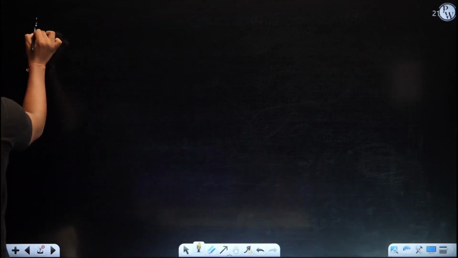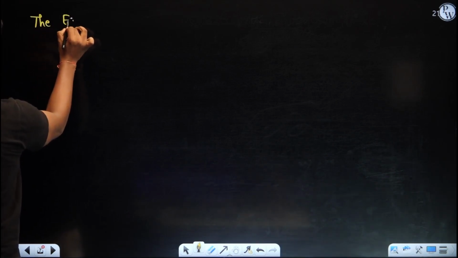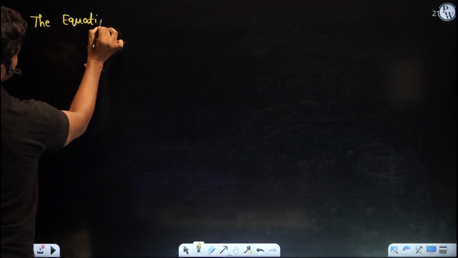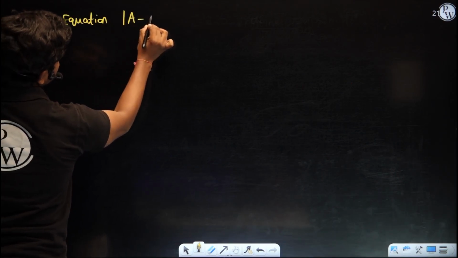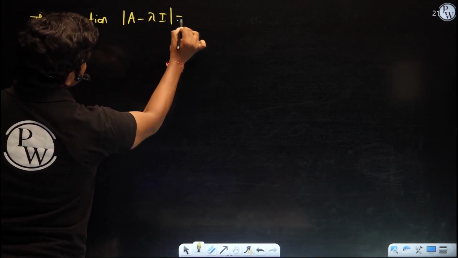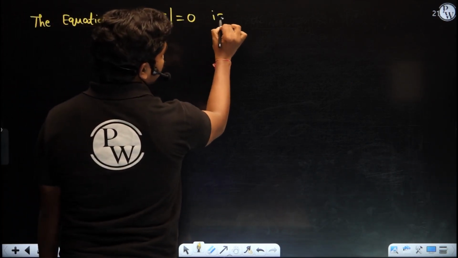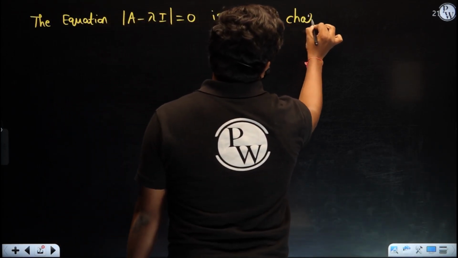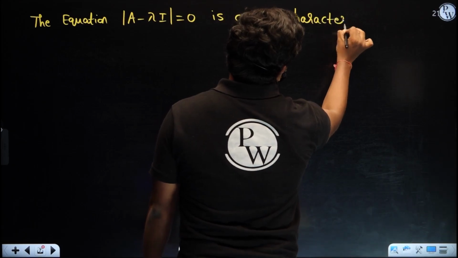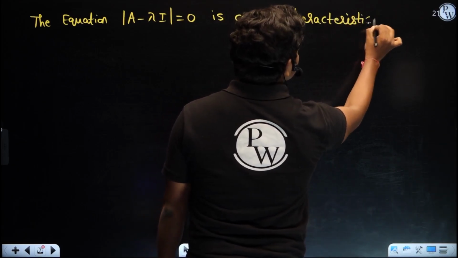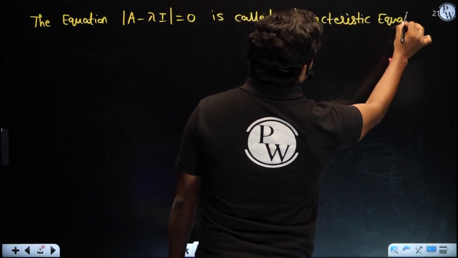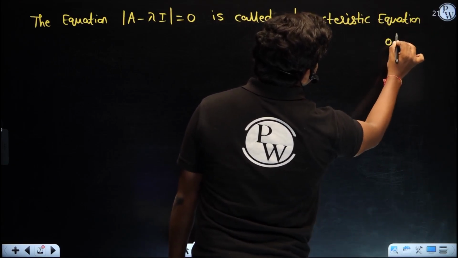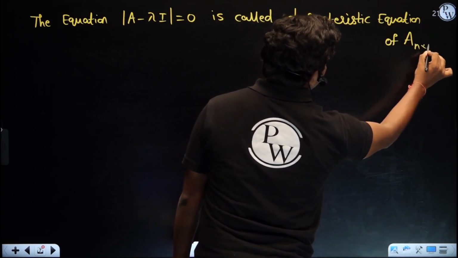The equation determinant of A minus lambda I equal to 0 is called the characteristic equation of an n by n matrix.